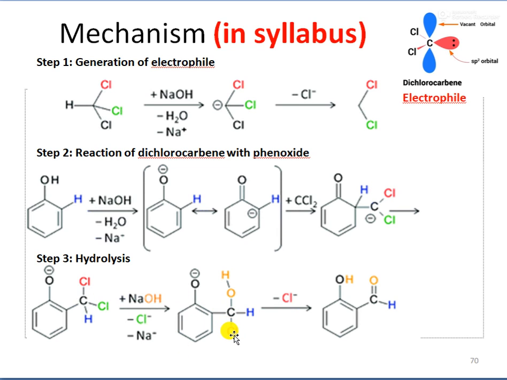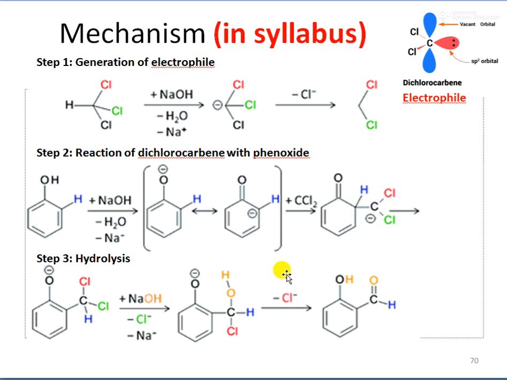In the next structure you can see that there is a carbon attached to an OH group from the base, and there is a remaining hydrogen and a chlorine. This hydrogen came from the benzene ring. You can see here the hydrogen in the blue color. This is a hydrogen that was initially attached to the benzene ring.